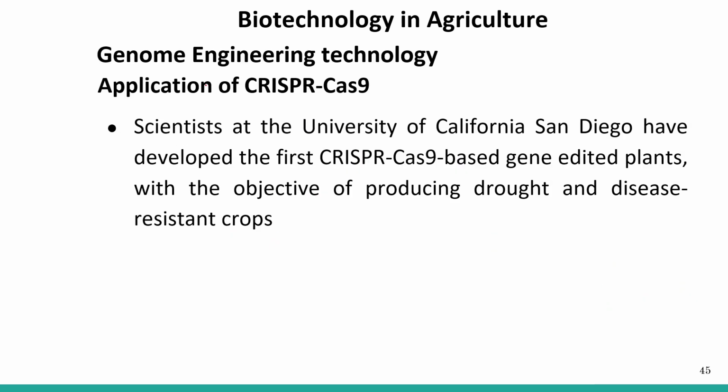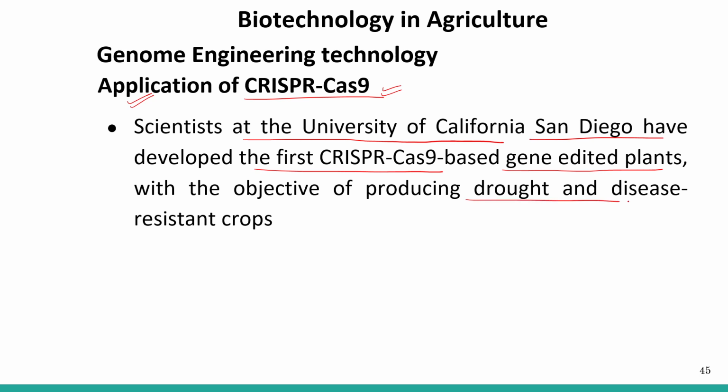Now we studied this CRISPR-Cas9 technology. What is the significance or the application in the field of agriculture? The scientists at the University of California, San Diego have developed the first CRISPR-Cas9 based gene edited plants with the objective of producing drought and disease resistant crops.